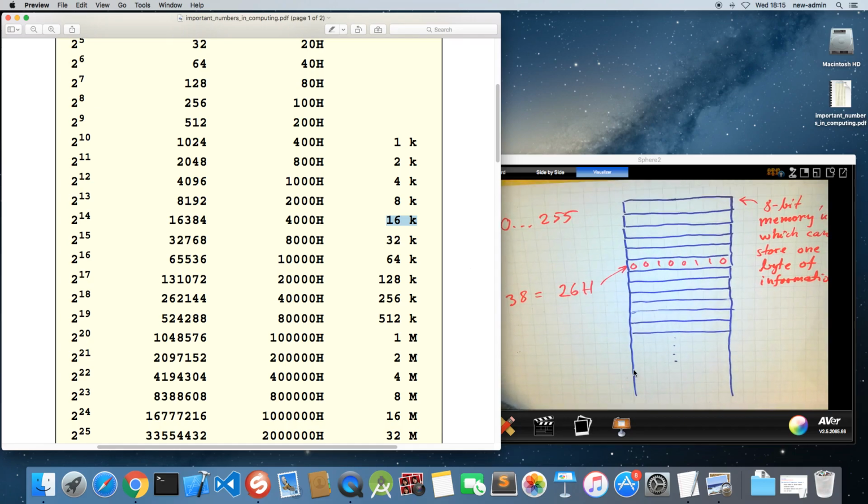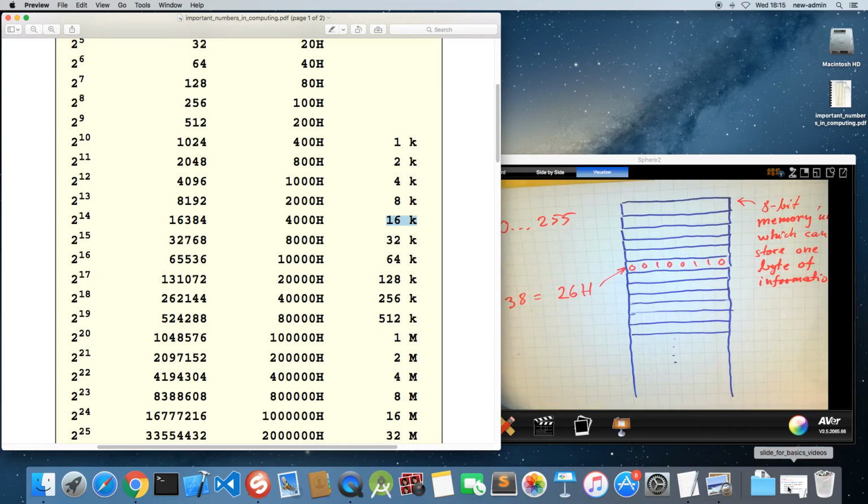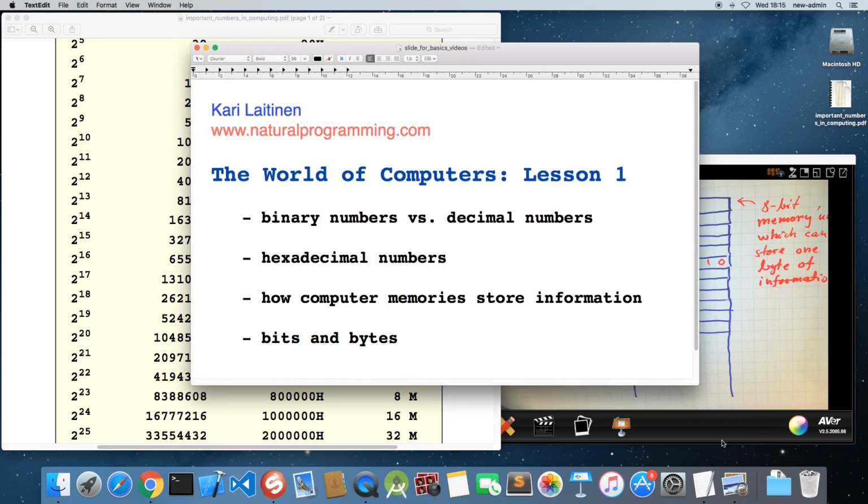Well, I think this should be enough for the first lesson. So what we have studied here is the binary numbers and how they relate to decimal numbers. We took a look at hexadecimal numbers, and we took a first look at how computer memories store information. And this term bit is very important here.